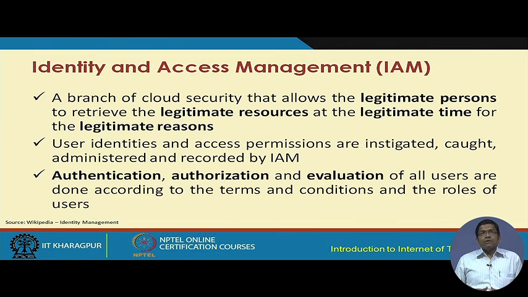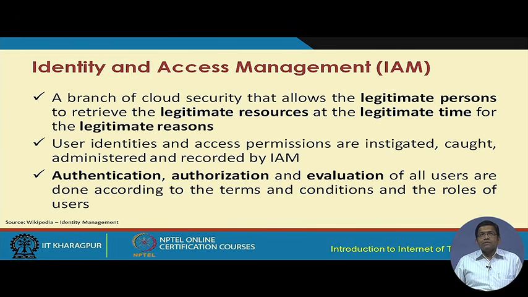So, let us first talk about identity and access management, IAM, which is basically a branch of cloud security that allows legitimate persons to retrieve legitimate resources at legitimate time for legitimate reasons. That is the main issue behind identity and access management in cloud security.